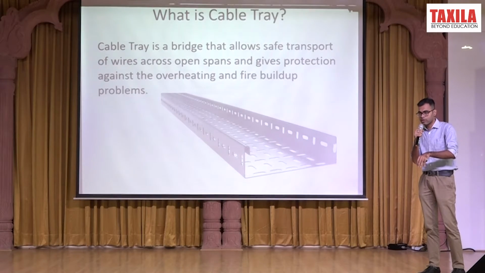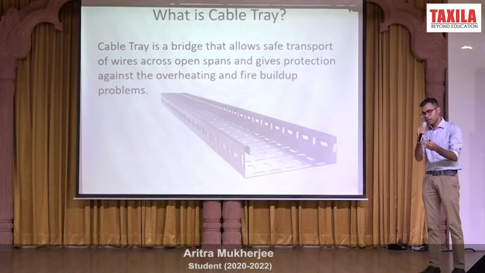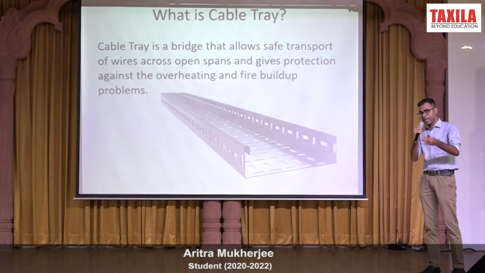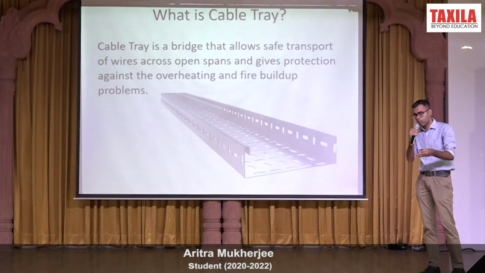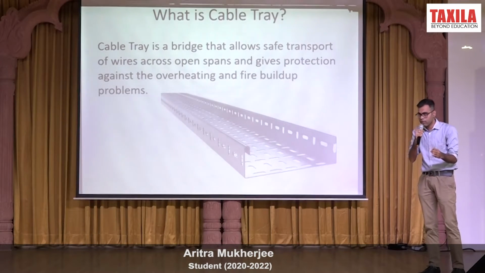We put something on it. So basically, it is a thing where we can put the cables in a particular manner so that they will not be roaming here and there. The electric wires and cables will be there in a sequential way so that they will not be affected anywhere else.